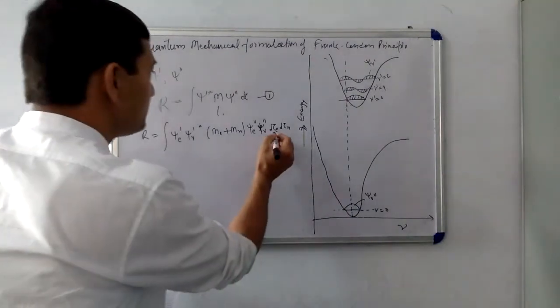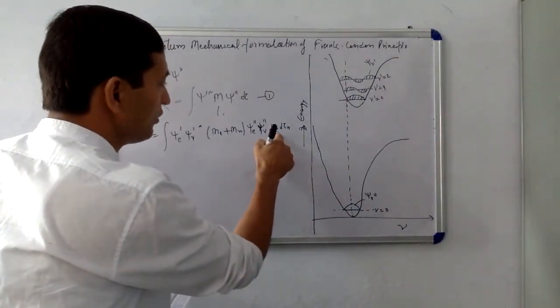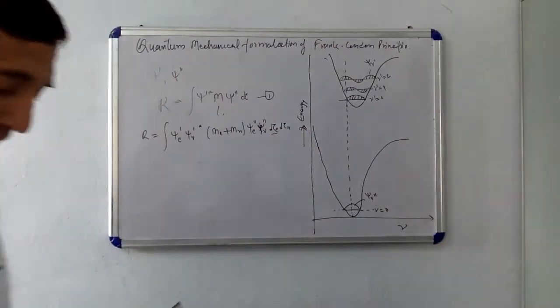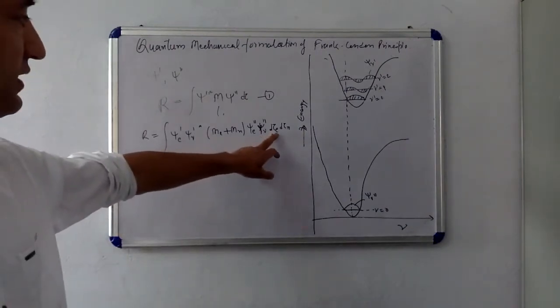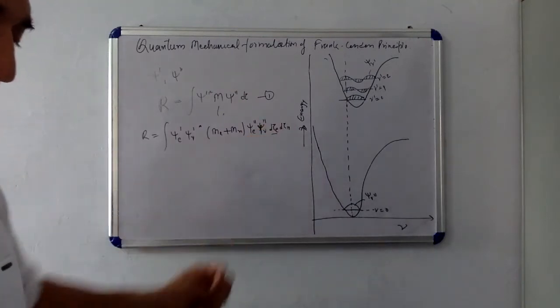So d tau E and d tau N are the volume elements of the space of the electronic coordinates and the nuclear coordinates respectively.